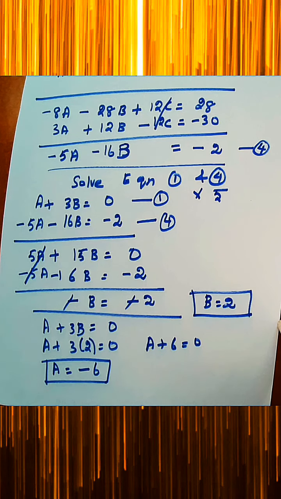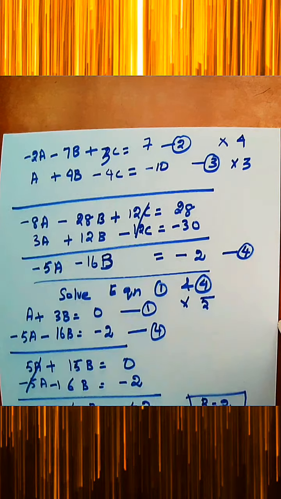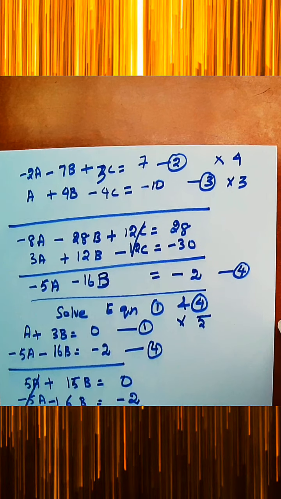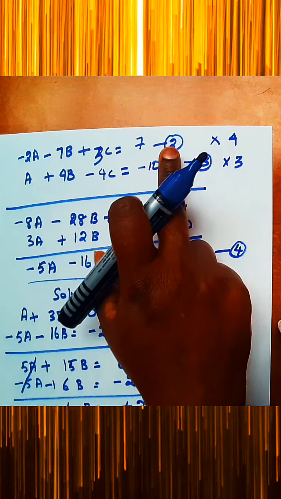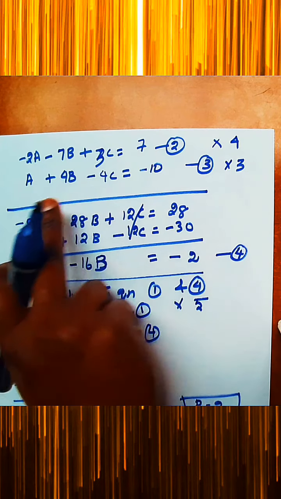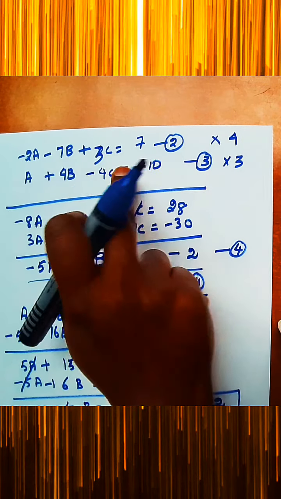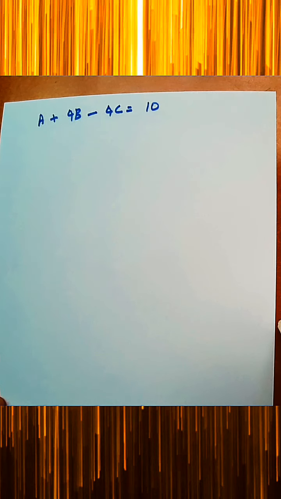We have to find the value of c. How are we going to find it? Can we substitute in equation 2 or in equation 3 to get the value of c? We'll substitute in equation 3. So what is your equation 3? We have a plus 4b minus 4c is equal to 10. Why are we taking this equation?